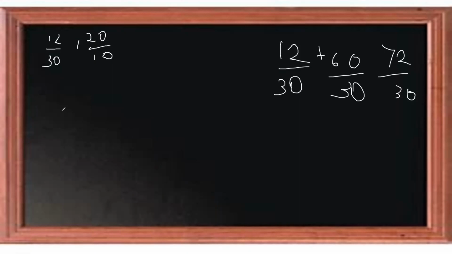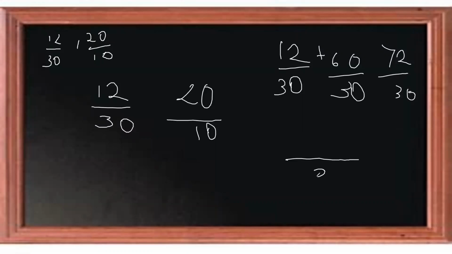But here's one more way. You can simply do like this. You have 12 upon 30 and you have 20 by 10. Just keep 30 here as your LCM. Whatever LCM you got, keep it like this and make some space here.